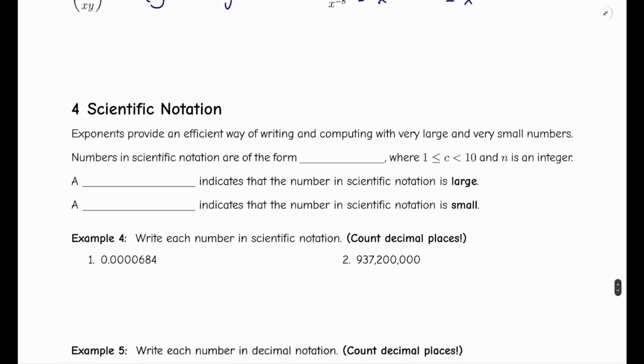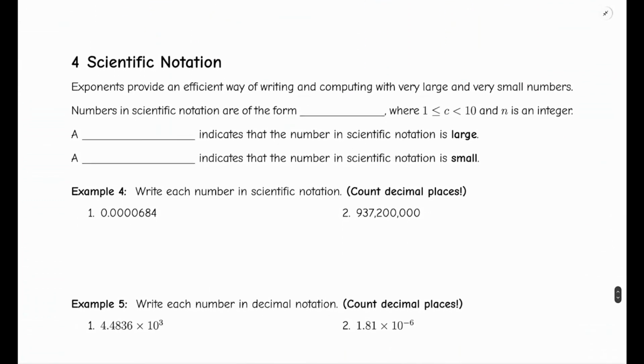Part 4, Scientific Notation. Exponents provide an efficient way of writing and computing with very large and very small numbers. Numbers in scientific notation are of the form c times 10 to the n, where c is between 1 and 10. It can equal 1, but it cannot equal 10.